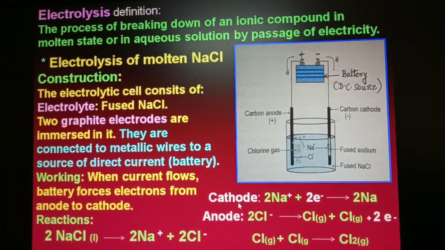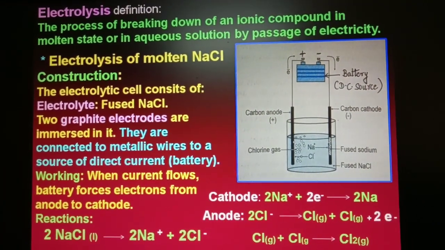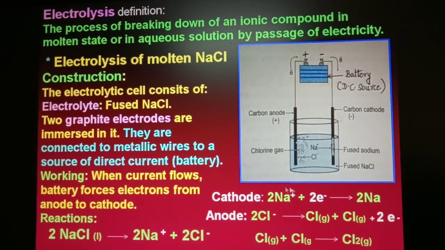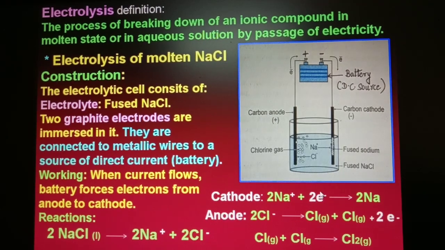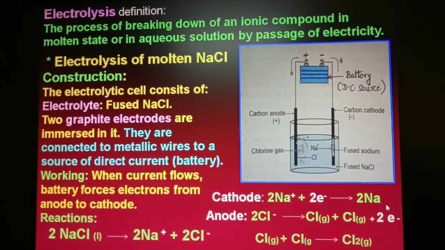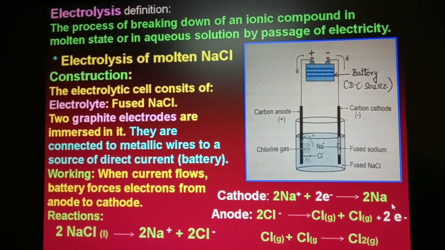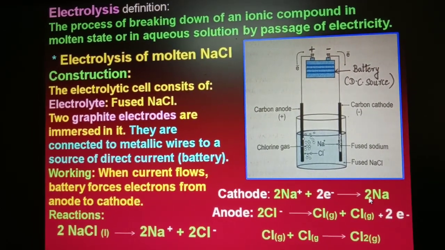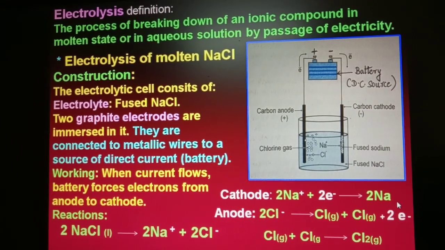At the cathode, what is cathode? It is the negatively charged electrode. Na plus ions will gain the electrons that are produced at the anode to form sodium metal. So 2Na plus gain 2 electrons to form 2Na.